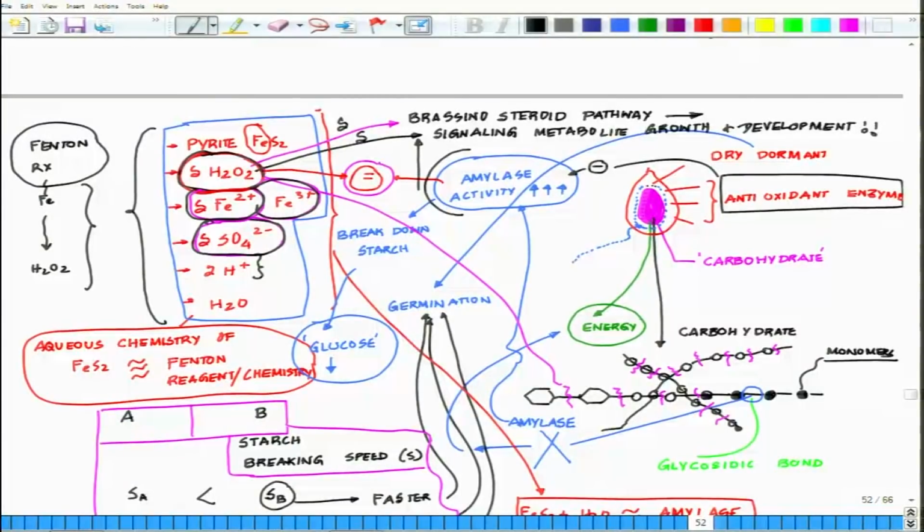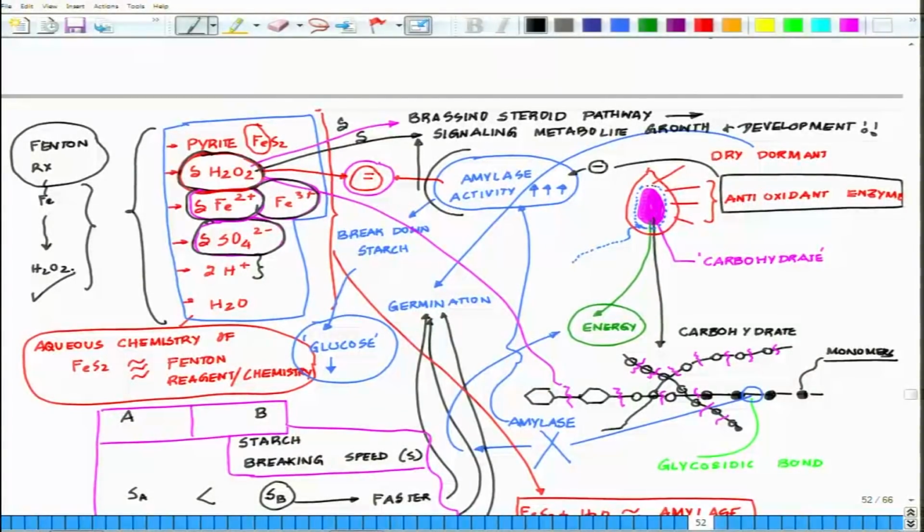So, to conclude, iron pyrite mimics, in the presence of water, the Fenton chemistry, point 1. This is this point. Okay.